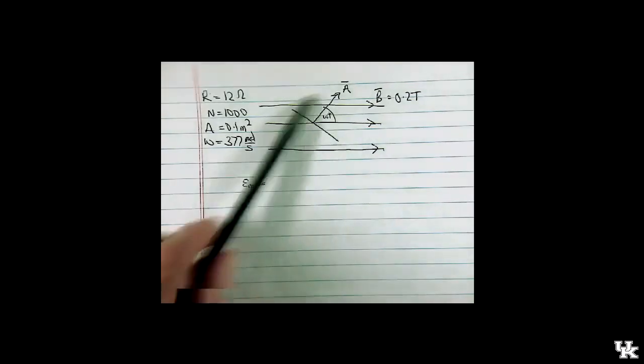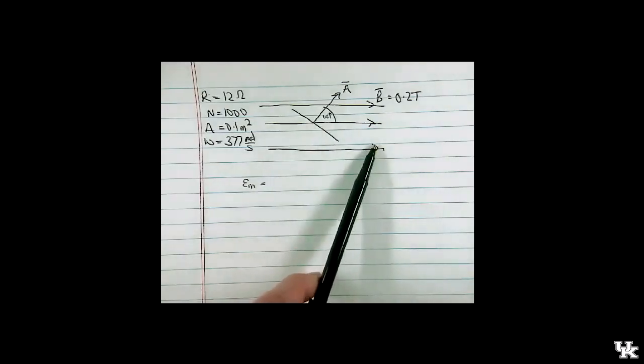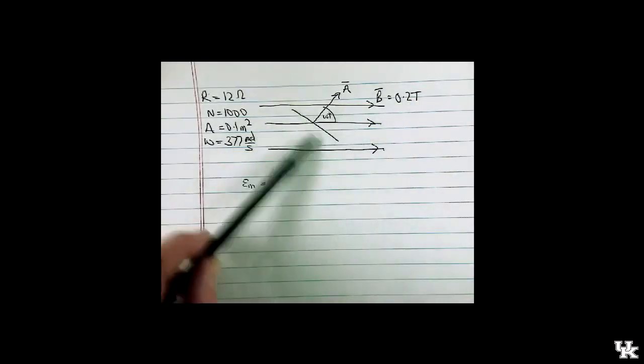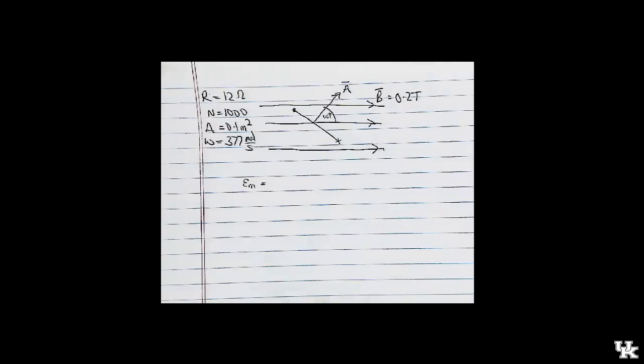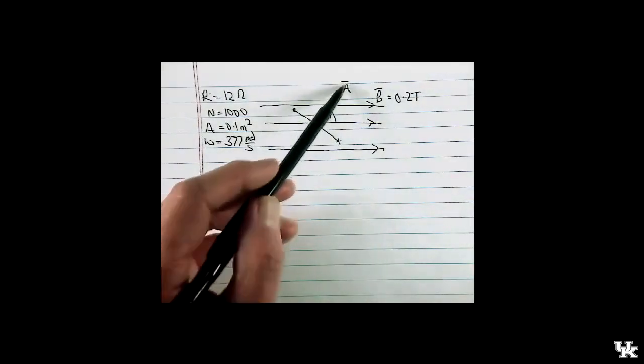I'm making a sketch of the problem, and I'm annotating the sketch with the things that I know about the problem. So the horizontal lines here, going left to right, are the magnetic field, which is 0.2 Teslas. Here is a cross-section through the loop. Maybe the current is coming out up here and going in down here.